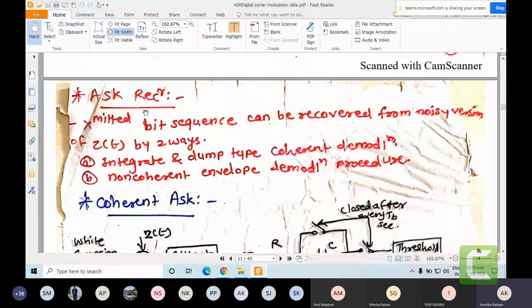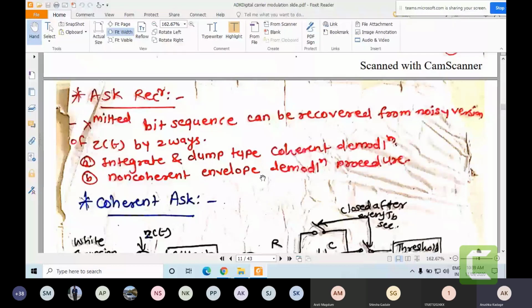The first I have mentioned as integrate and dump type of coherent demodulation, and the other one is non-coherent envelope demodulation procedure. So for the ASK receiver, these two different types of reception or demodulation operation we are going to check.